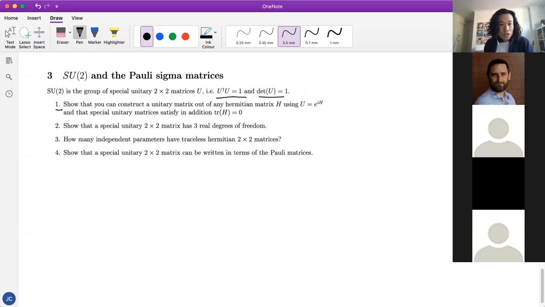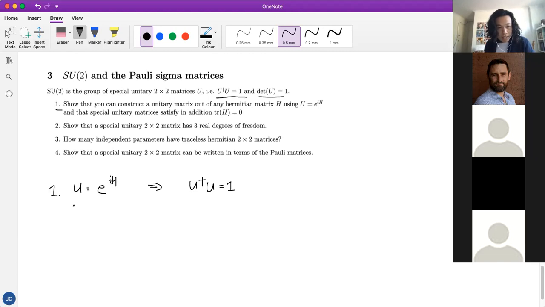For question 1, show that you can construct a unitary matrix out of any Hermitian matrix H using this matrix exponential map, and that the special unitary matrix satisfies, in addition, that the trace of this Hermitian matrix must be 0. To do that, let's write out U equals e to the iH, and we look for this relationship. U bar U has to equal 1.